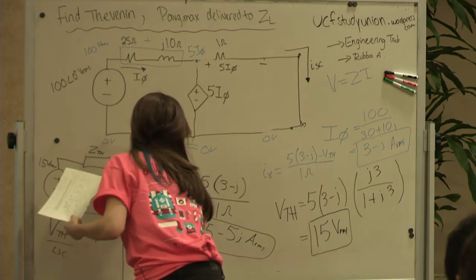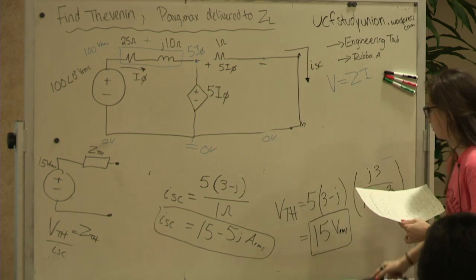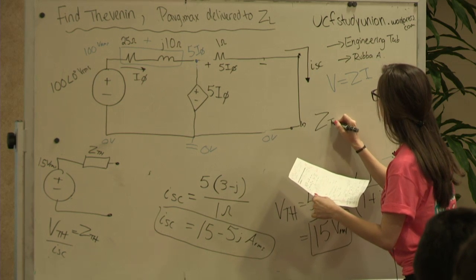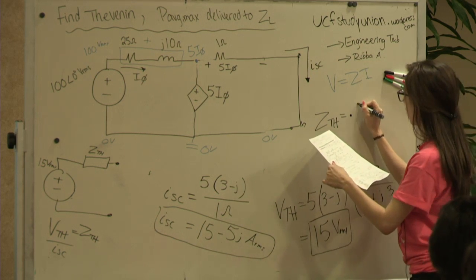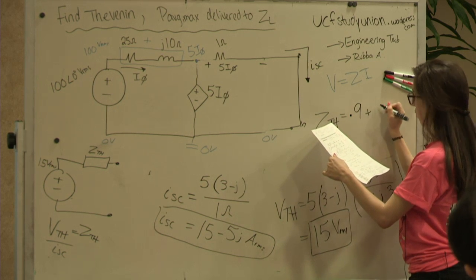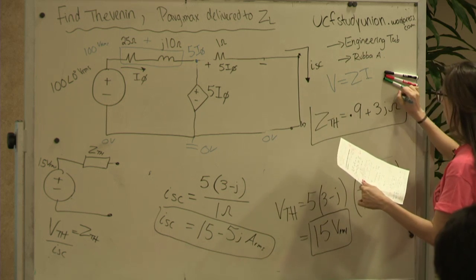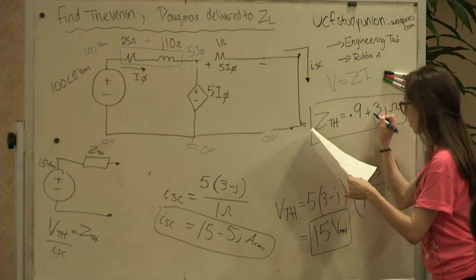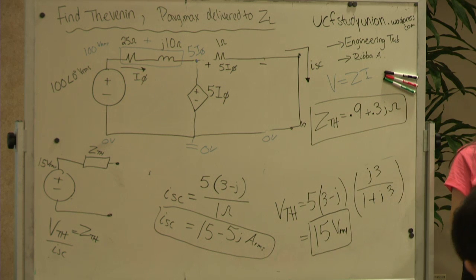I'm going to erase this blue stuff. So Z Thevenin equals 0.9 plus 3J ohms. Everyone cool with that? Oh wait, sorry, this is 0.3. Any questions on that?